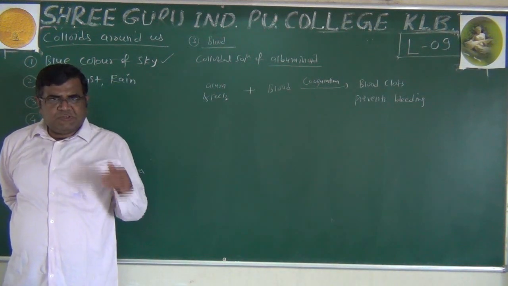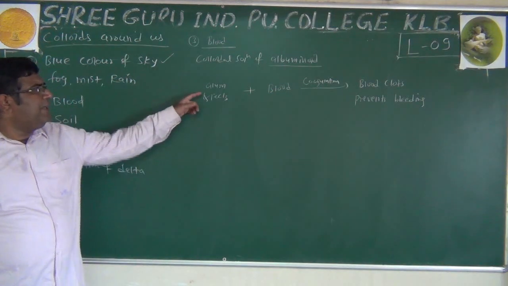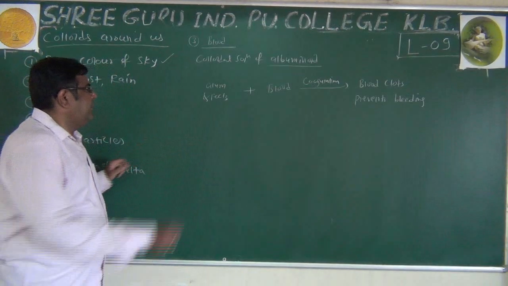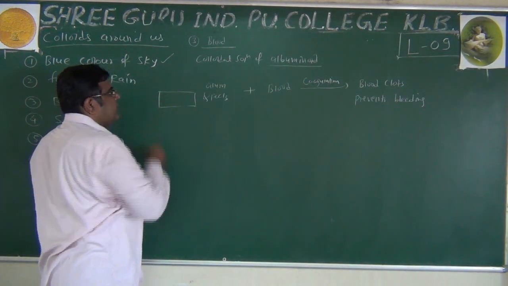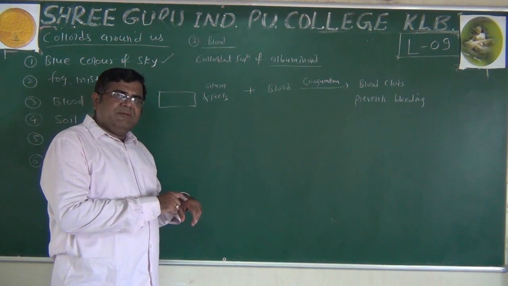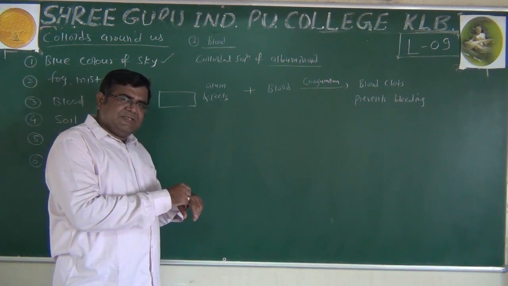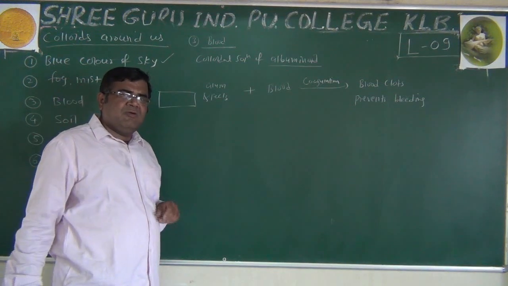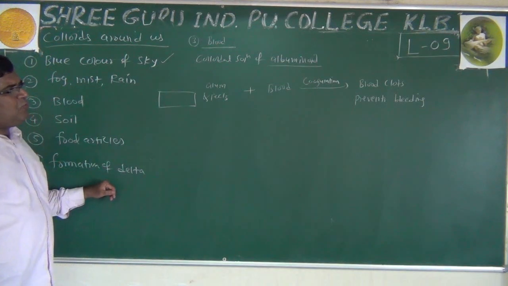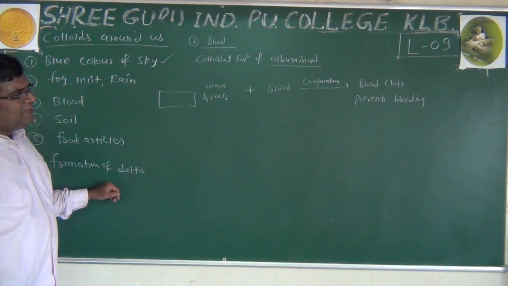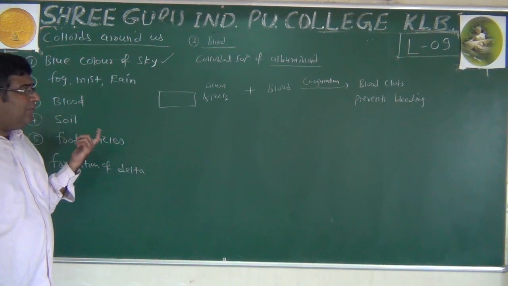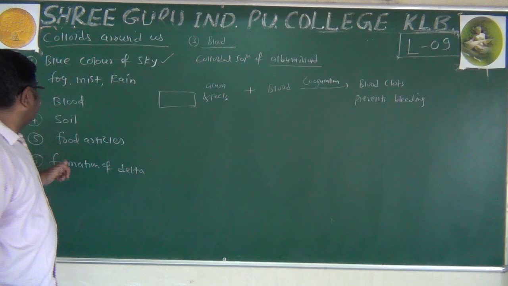So we can stop that flow by applying alum, which we call Fitkari. This type of solid crystal is there. Whenever there is a cut by a blade or something, we just put that and it gets coagulated. Because blood is colloidal, blood clotting occurs. Otherwise, it would have been very difficult to stop the flow of blood.